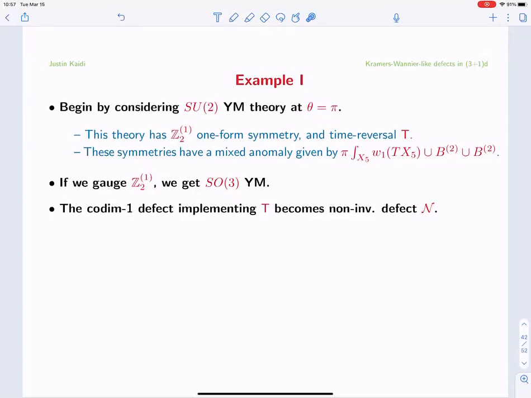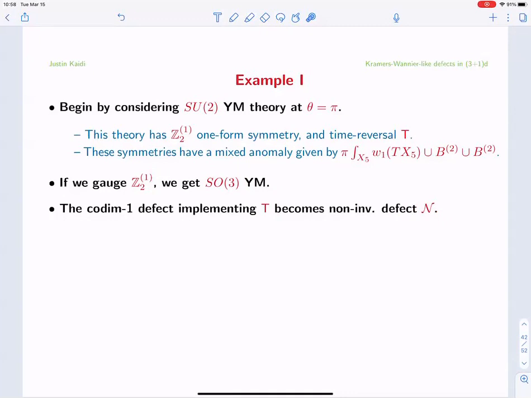And so the claim is that SO(3) Yang-Mills at theta equal to plus or minus pi has a codimension 1 non-invertible defect N, which comes from the defect for T. In fact, it's only at theta equal to pi in the SU(2) theory that you have both this time reversal symmetry and this anomaly. So in SO(3), you expect that you only have this non-invertible defect at plus or minus pi.